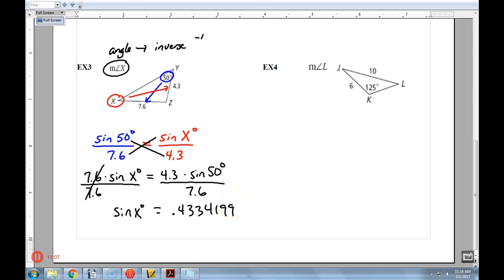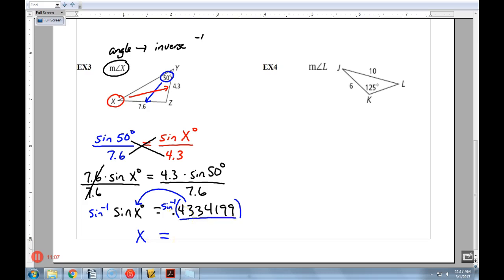Now this looks like a problem back in 8.5 where, remember, we now know the ratio and we need to go backwards and figure out the angle. So this is where I need to do the inverse. Basically right now I'm going to take the inverse of both sides, and that should tell me what x is. So let's take the inverse sine of all this.